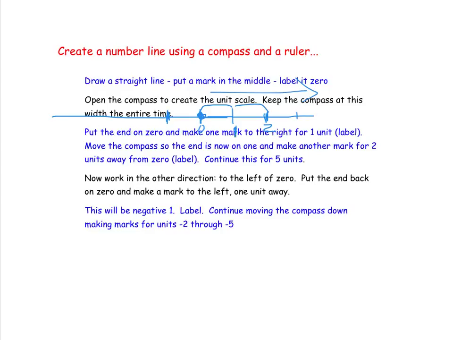And if this is 1, this is going to be negative 1. And you'll keep doing that. You'll just move the compass down, make a mark, label, move the compass down, make a mark, and label. So you'll have a beautiful straight number line with equally spaced hash marks indicating the unit that you are using, and then number it.